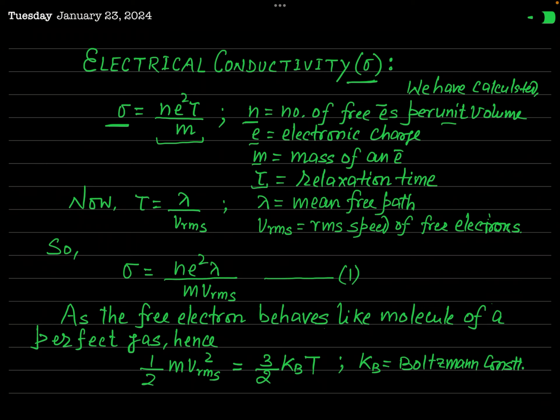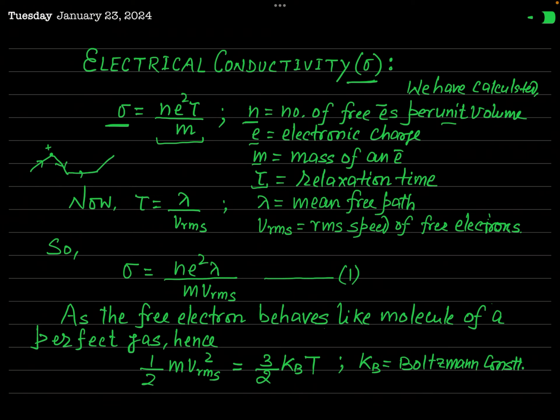And what is this tau? I discussed this tau in our previous lecture. This tau is called the relaxation time. And what is relaxation time? During its random motion, the electrons collide with the lattice, that is the positively charged ions, and randomly change direction.